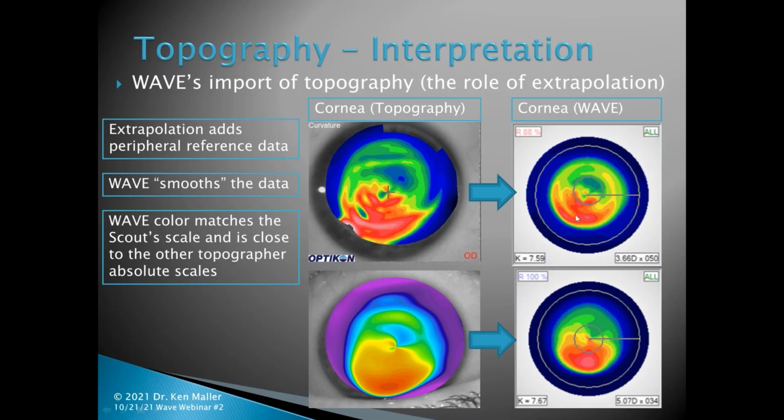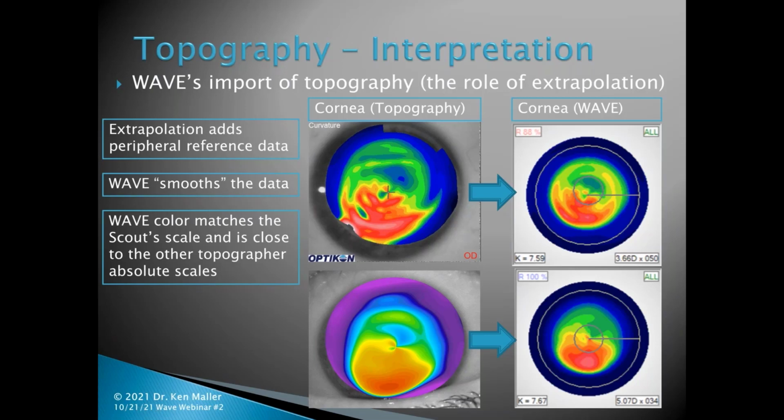Now, other topographer scales are fairly close to the absolute scales, but not exactly the same. So you do have to be aware of the color differences. For example, Pentacam represents the very flat areas with this purple color, which wave does not have. It represents it with this black. Medmont is also a little bit different in terms of its absolute display.